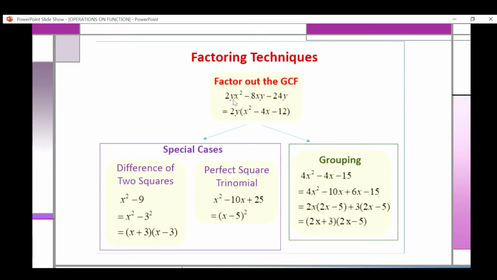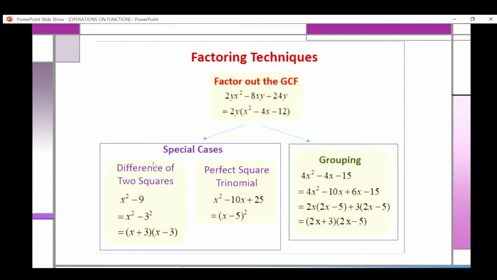So, yung 2y x squared, di-divide natin kay 2y. Ito yung matitira, si x squared. Tapos, 8xy, di-divide natin si 2y. So, magiging 4x. Then, si 24y, ganun lang din. Di-divide nyo siya sa 2y. So, magiging 12.